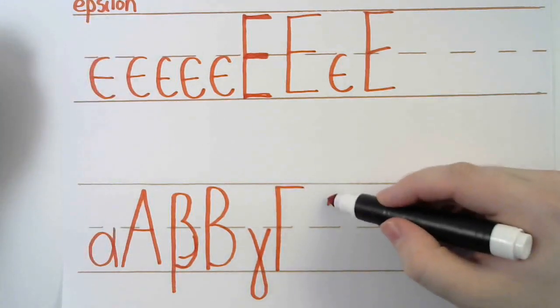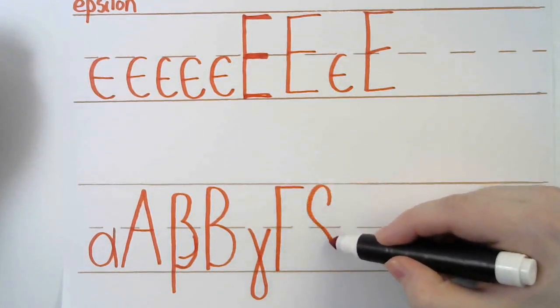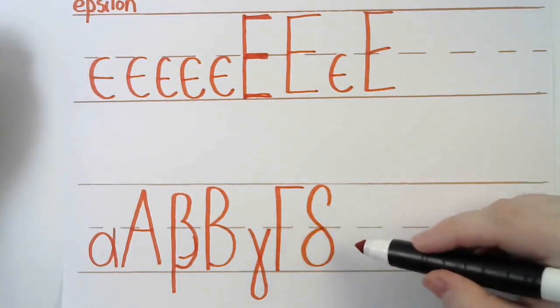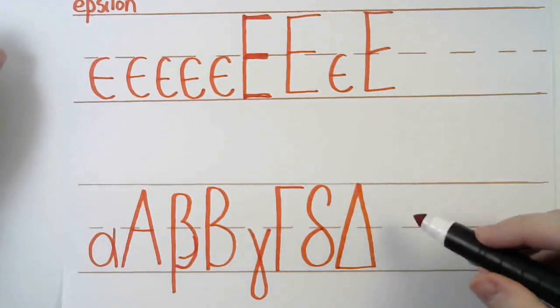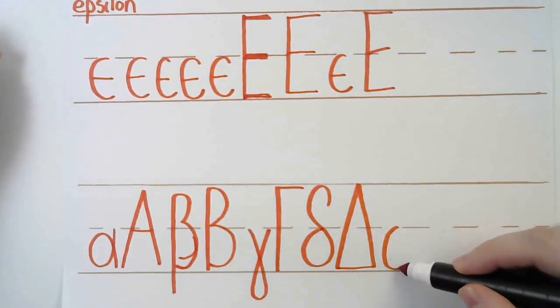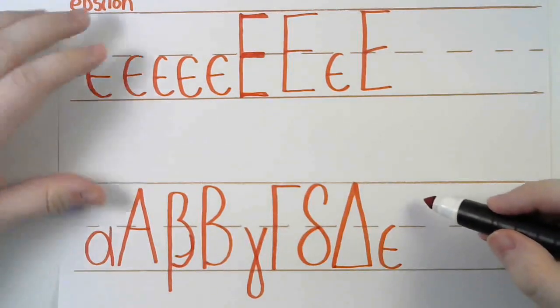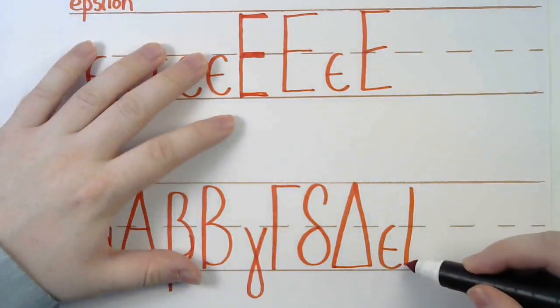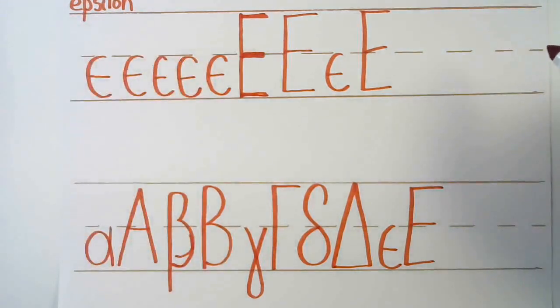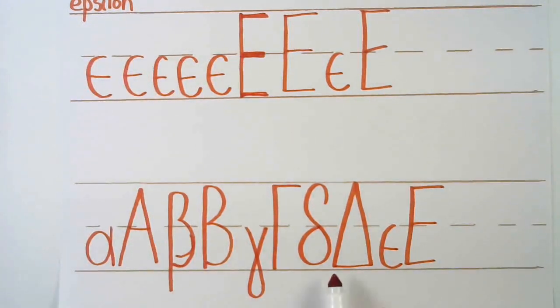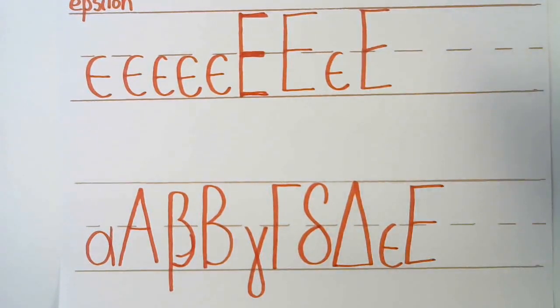Delta. And our capital delta. And epsilon. And our capital epsilon. There you go. There's your first 1, 2, 3, 4, 5. Your first 5 Greek letters.